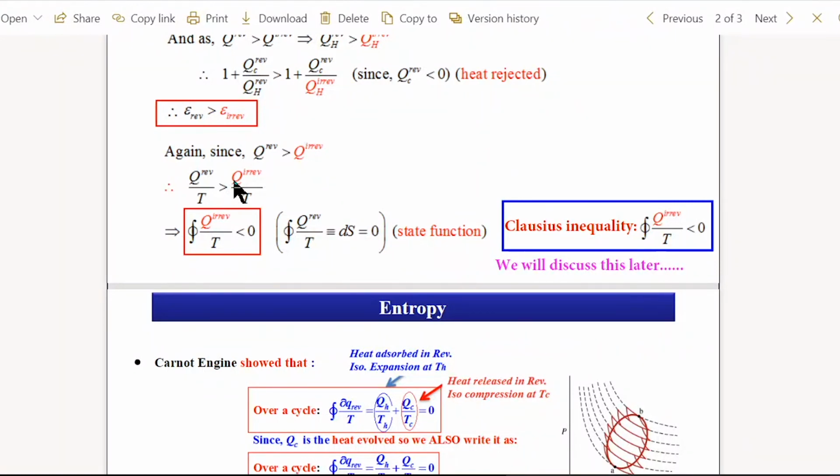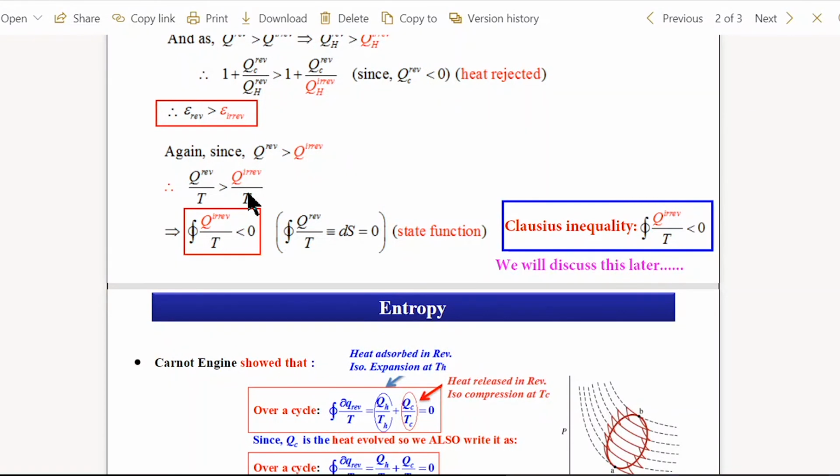And this is the Clausius inequality: the integral of dQ by T is less than or equal to 0. If it becomes equal to 0, that means it's a reversible cycle. I know that for a reversible Carnot engine, the integral of dQ by T is equal to 0. But for an irreversible step, 0 is greater than that, which means it has to be negative. Am I clear?